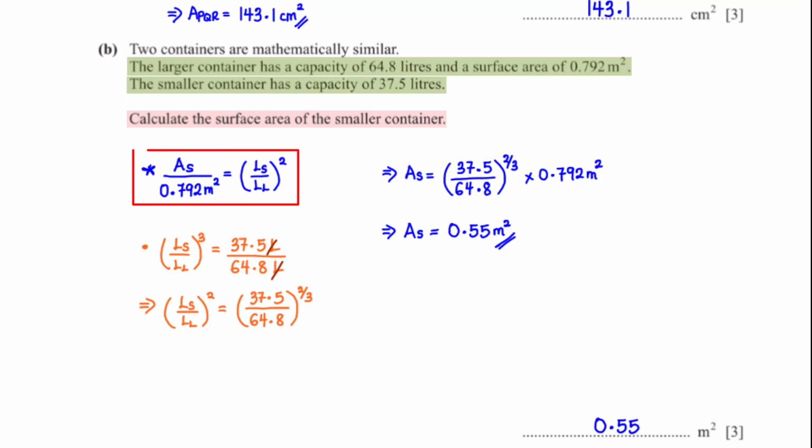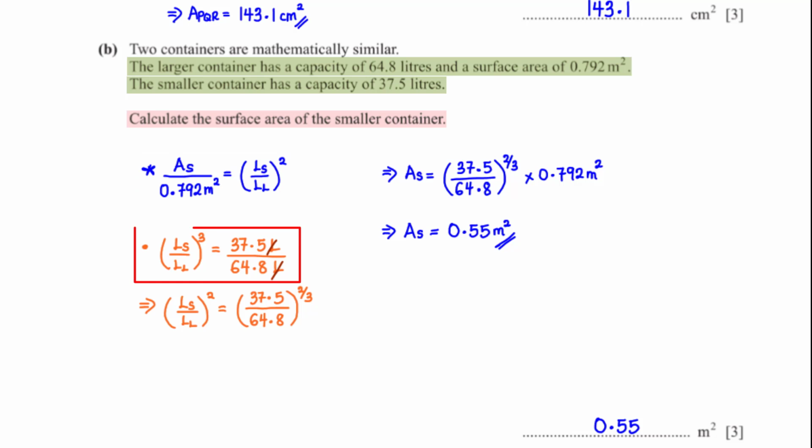For similar containers, the ratio of their areas must be equal to the square of the ratio of their side lengths. We've not been given the sides of the containers. What we have is their volumes. We know that the ratio of their volumes must be equal to the cube of the ratio of their sides.